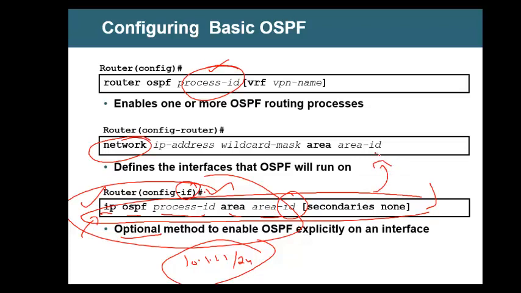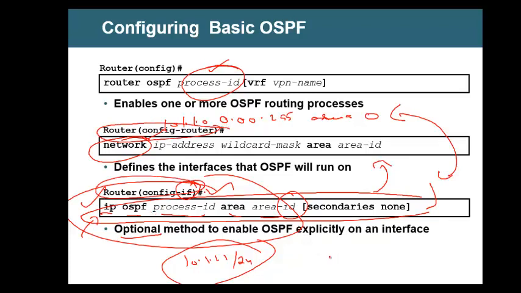The classical way is like this: network 10.1.1.0 and then wildcard mask 0.0.0.255 area 0. Both are the same. This is under the router mode, this is under the interface mode.